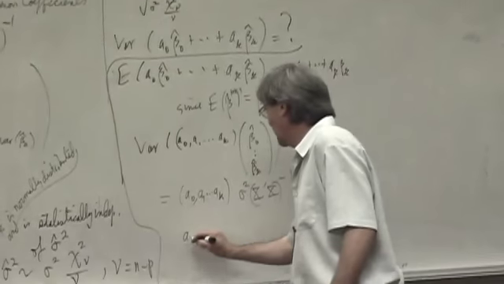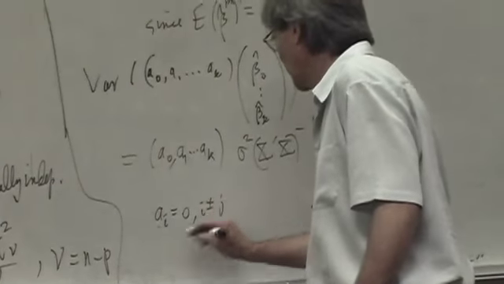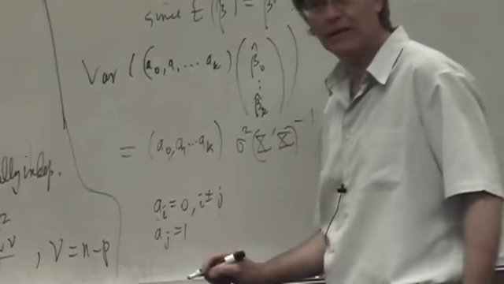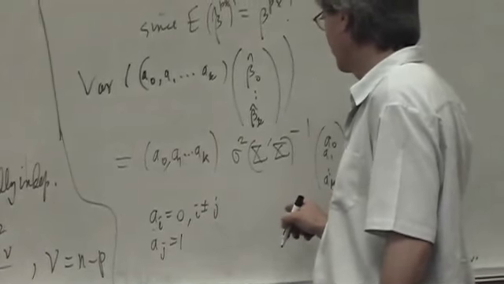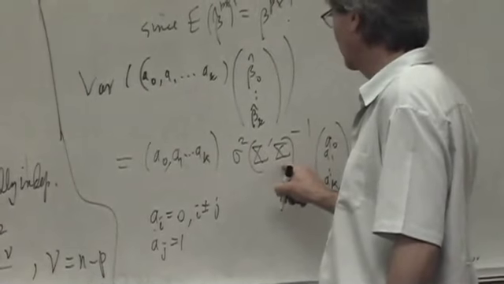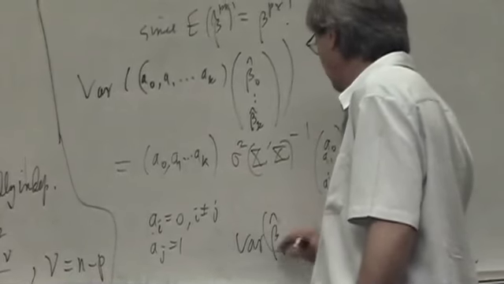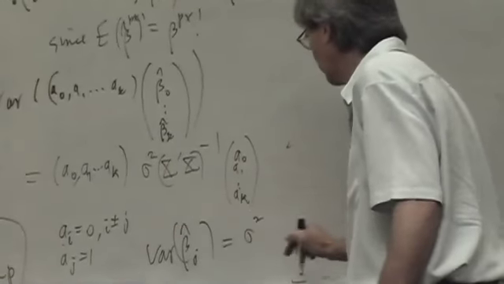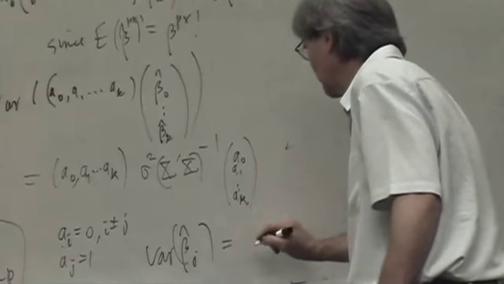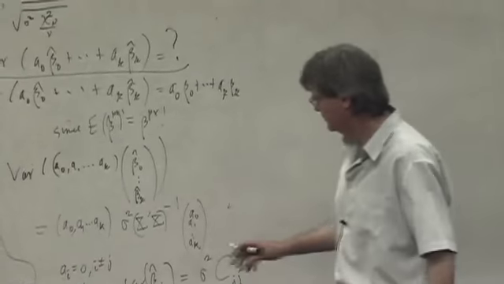So now if I take ai equal to 0 for i unequal to j and aj equal to 1, then you simply get the corresponding diagonal element of this matrix. Then the variance of beta j hat is simply sigma squared times what we called C jj.